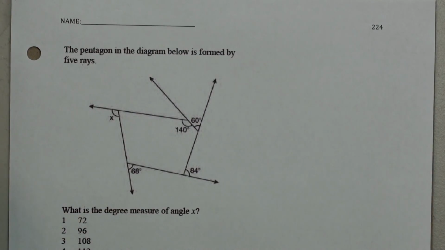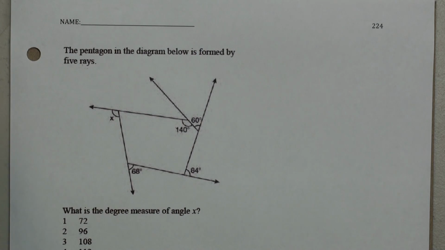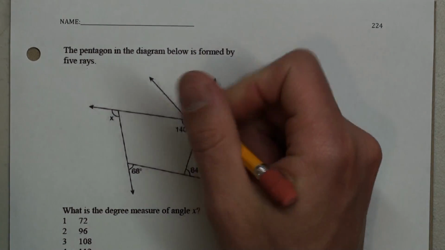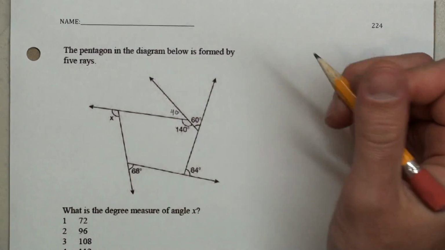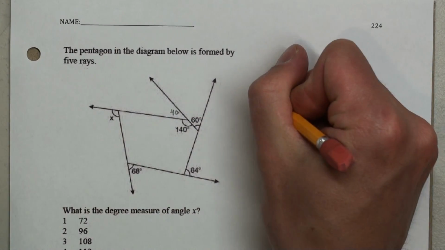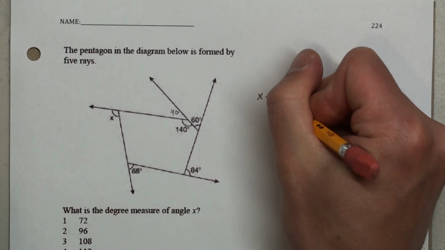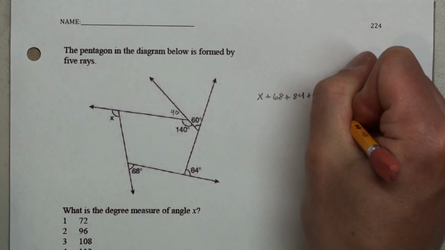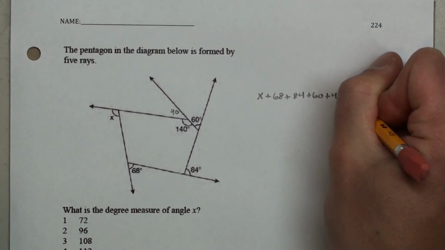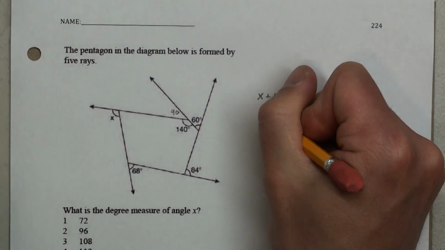The pentagon is formed by 5 rays. What is the degree measure of angle x? Well, if this is 140, then I know this is 40. And I know that all the exterior angles add up to 360. So I know x plus 68 plus 84 plus 60 plus 40 equals 360.